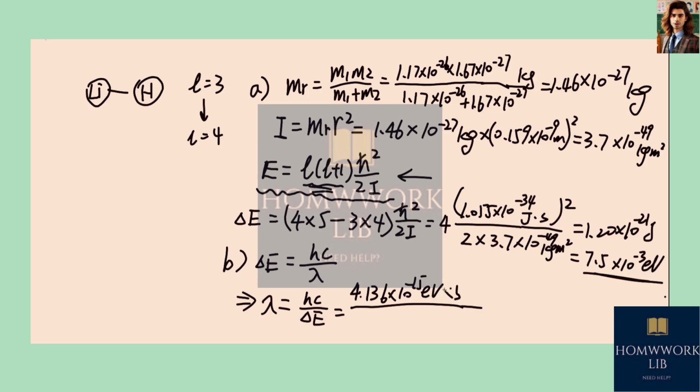And then it's 3 times 10 to the 8th meters per second, the speed of light, and then the change of energy is 7.5 times 10 to the negative 3 electronvolts. So if we calculate it, we will get 1.66 times 10 to the negative 4 meter, or I will write it in micrometers, which is 166 micrometers.